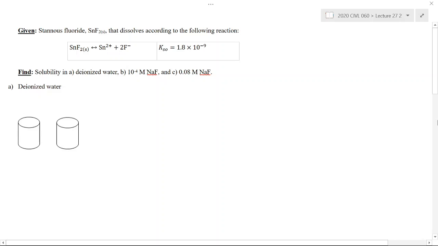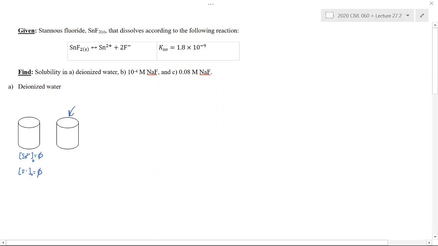And I have two containers of water shown, and they're actually the same container, just separated by a time step. So imagine in the first container, I don't have any stannous. So I can call this stannous initial, and there's no stannous, and there's also no fluoride because it's deionized water.